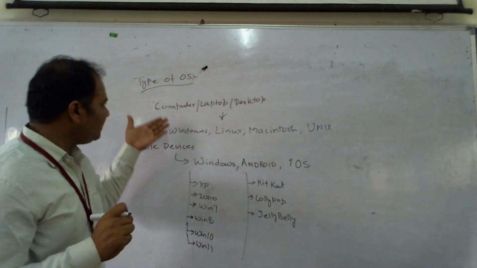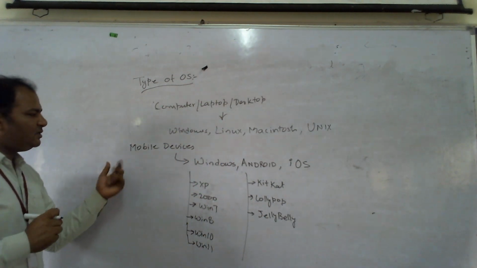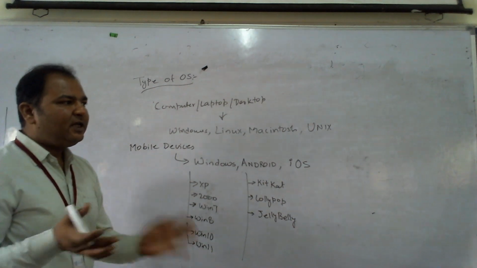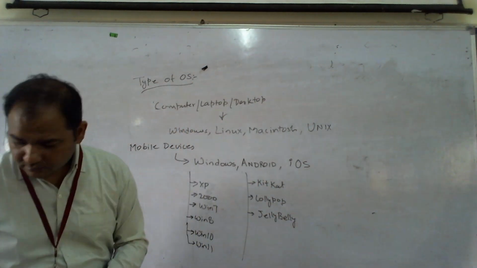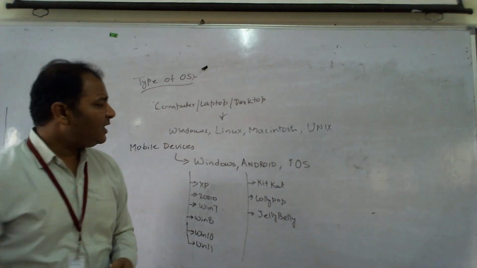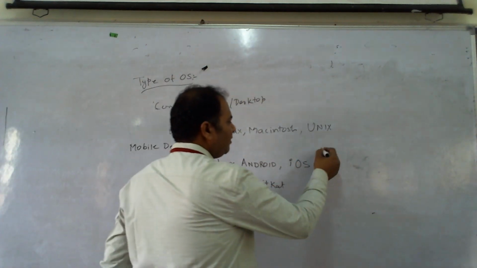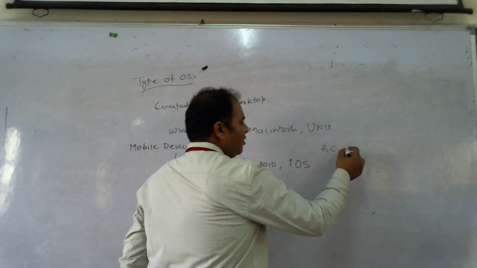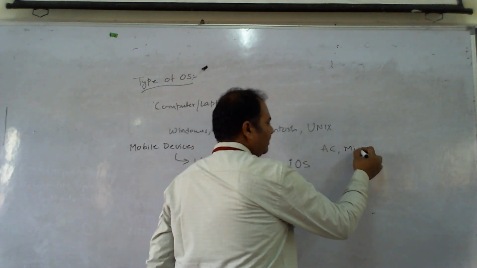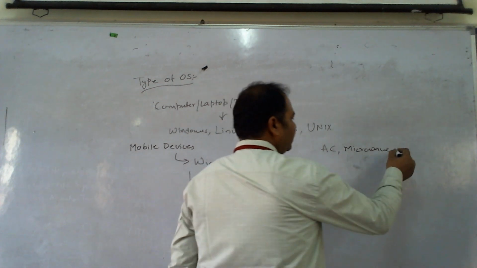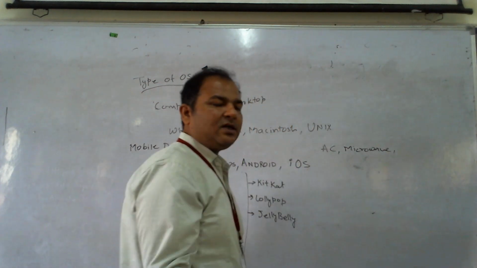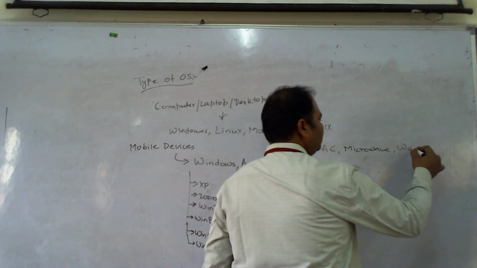So these are the basic devices which we are using. But what about the operating systems in our other devices, like an AC, a microwave, or a washing machine?